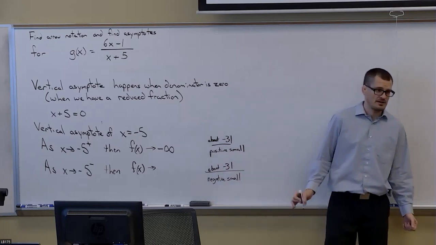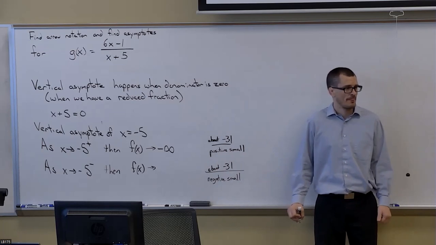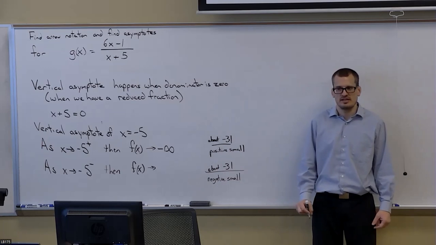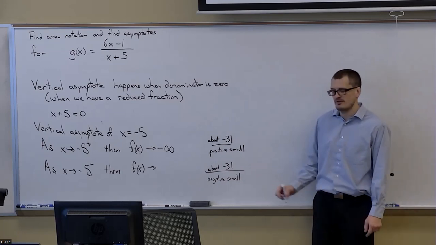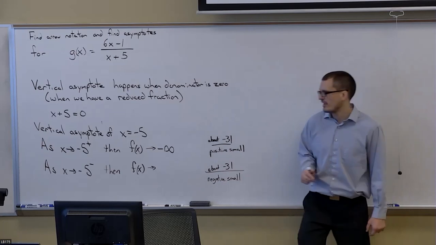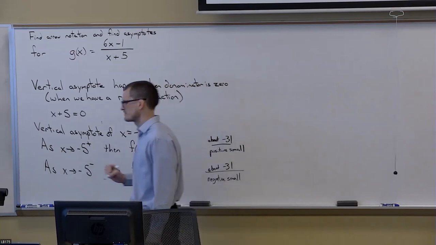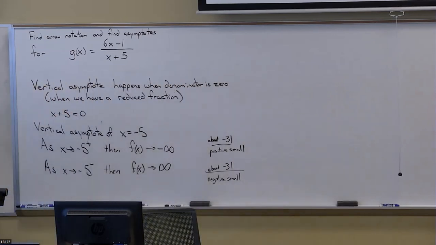Sometimes I don't even put about there, I just put -31 over. And if it's negative over negative, then it's gonna be positive, and obviously shooting off to infinity because the denominator is getting really, really close to 0 again. So the arrow notations look like that around the asymptote x equals -5. Does that make sense?